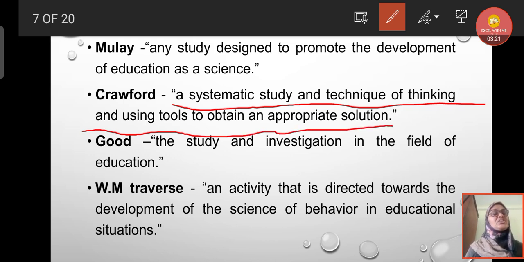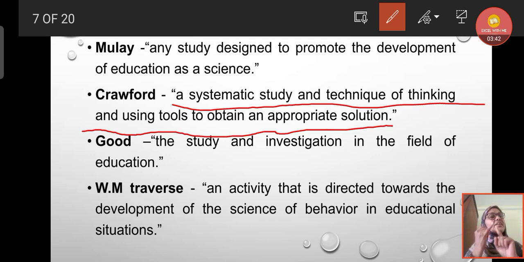This is educational research. We can understand the keywords: a systematic study, a technique of thinking and using tools to obtain an appropriate solution. What problem we have taken, what the objectives are, and what the solution is, is the main aim of this educational research.